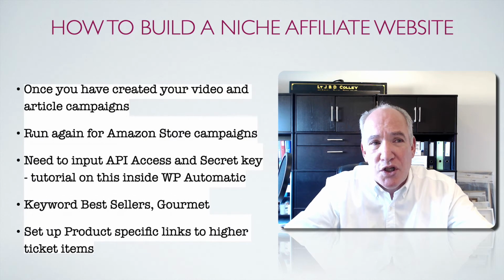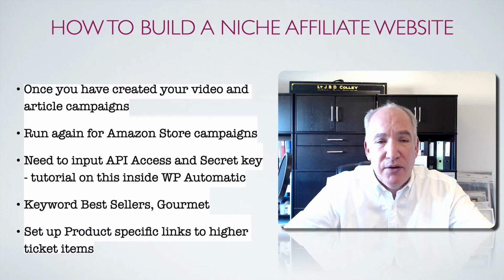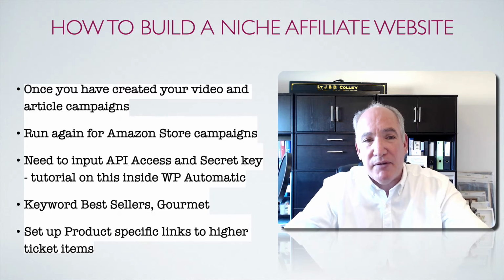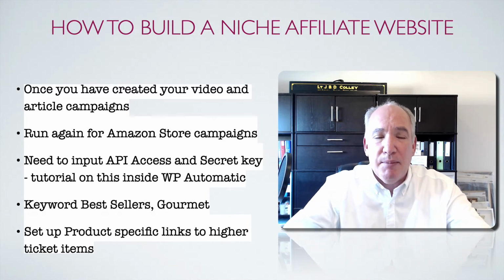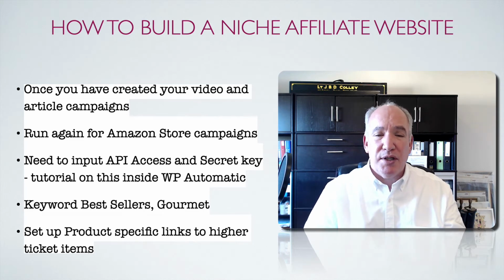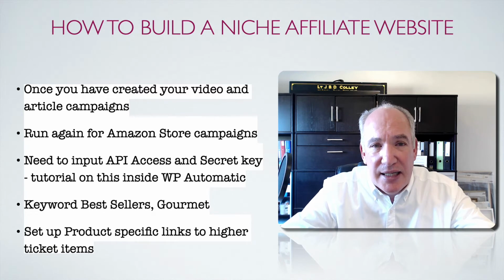So once you've created your campaigns for your video and articles, you then need to create your campaigns for your Amazon store. And this means you'll need to get your API access and secret key. There's a tutorial on this in the back of WP Automatic, in order to enable WP Automatic to pull content from Amazon with your Amazon affiliate ID built into it.